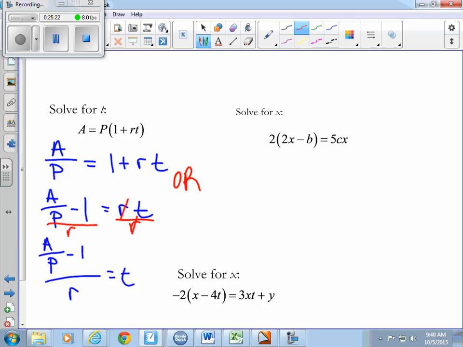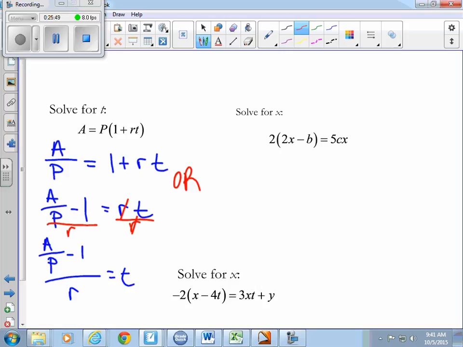I didn't really do anything, I just left it as a complex fraction here. So the whole goal was to get t by itself, and we did it. It's complex looking, and you could get common denominators and simplify it, but for now, my goal for today is just that you learn how to do it.